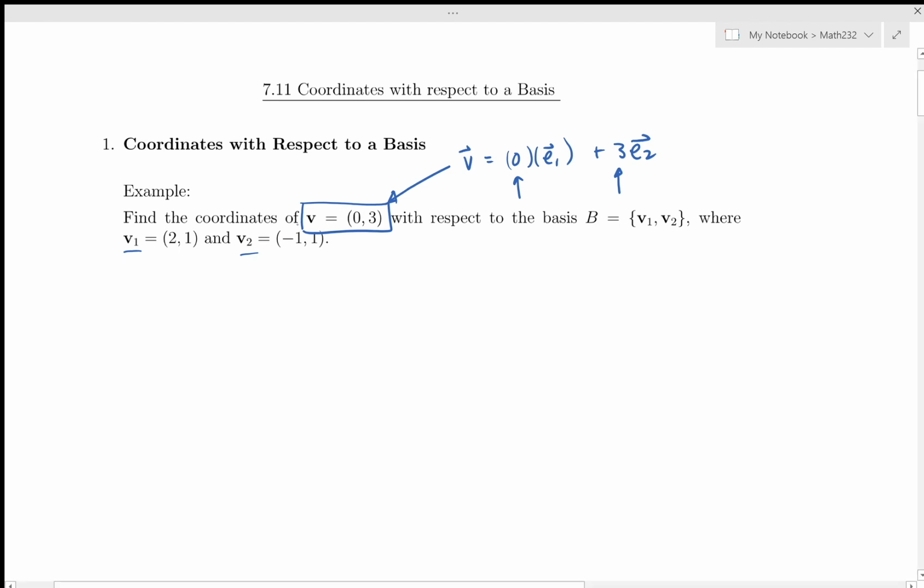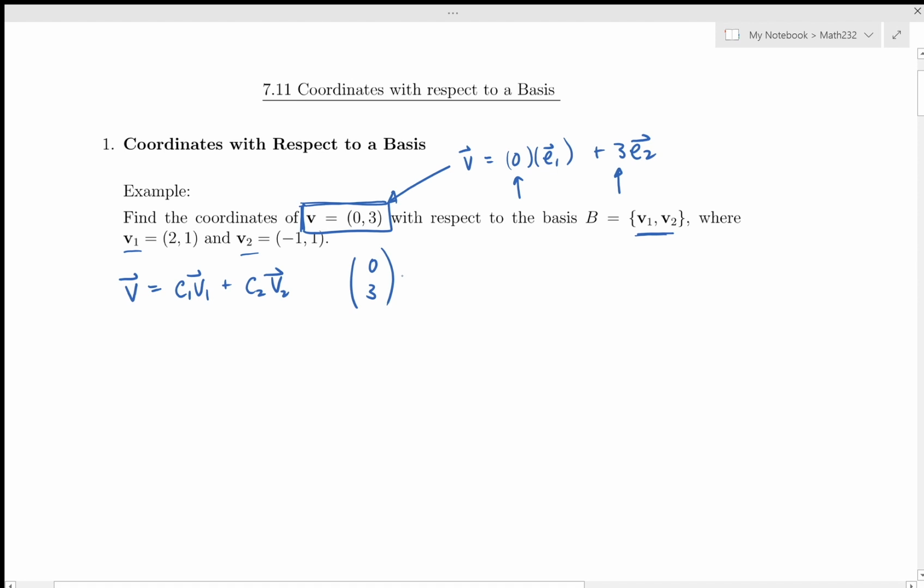Now, instead of doing that, we want to position v with respect to two different basis vectors, v1 and v2. Effectively we want to be able to write v as c1 times v1 plus c2 times v2. We've done this lots of times in a variety of different guises.